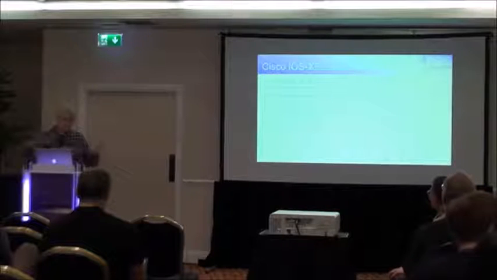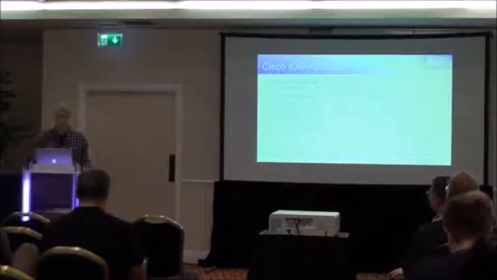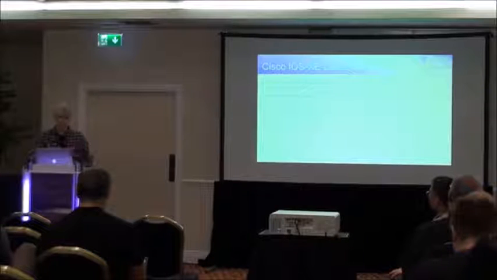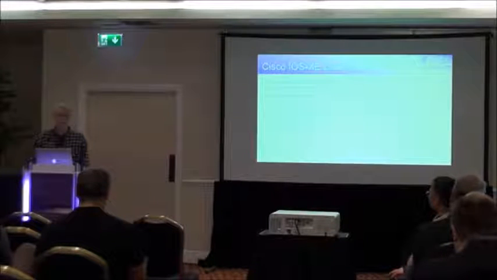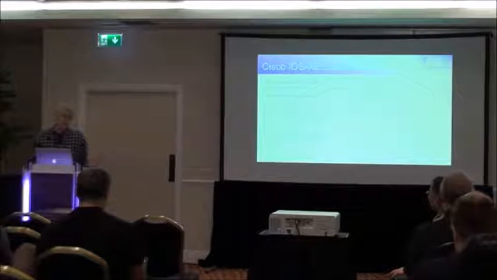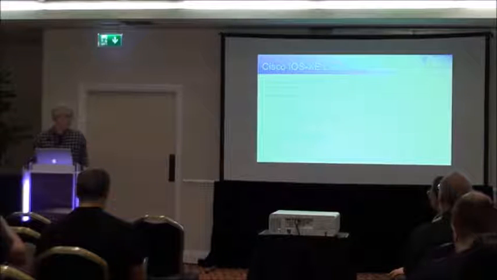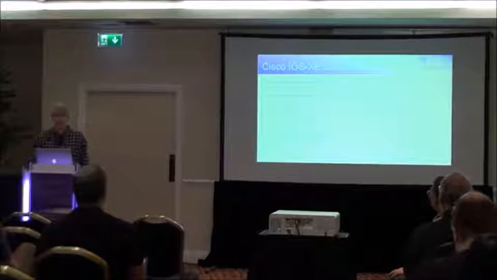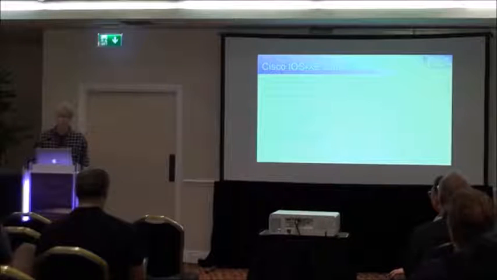So it's quite the number of different platforms that we have to support with this common code and common architecture. The performance range for this code is anywhere from 50 megabits to 200 gigabits and beyond.